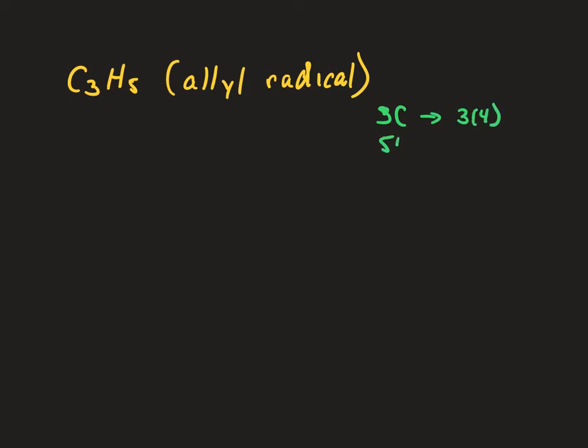We have 5 hydrogens, that's going to be 5 times 1. So that's 12 electrons and 5 electrons, which gives us 17. So when we draw our connected structure, it's going to be similar to one we've seen before.